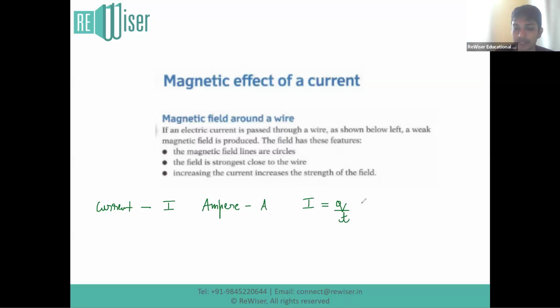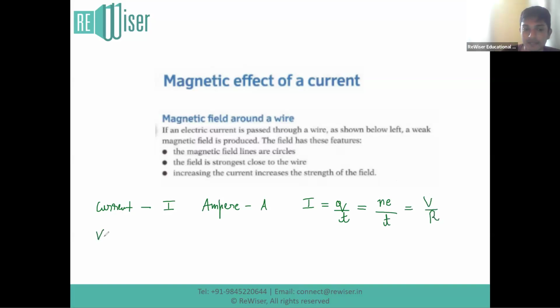Current is a scalar, no direction. Q can also become N into E, where N is the number of charges, E is the value of charge on each electron or a proton, which is a constant, by T. In terms of Ohm's law, current I is also V over R.